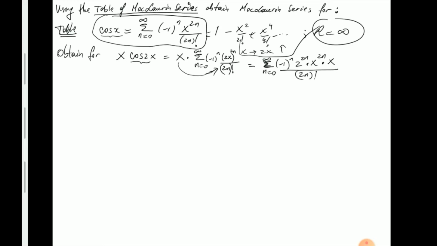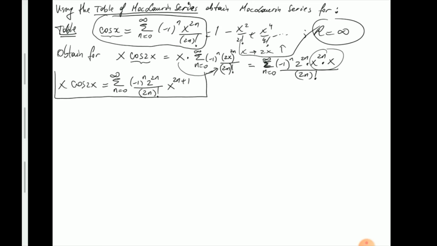Because again, we want to write everything as a power series with coefficients times x to a certain power. So we have (-1)^n 2^(2n) over (2n) factorial; this is the coefficient. And then combined, x^(2n) times x is just x^(2n+1).